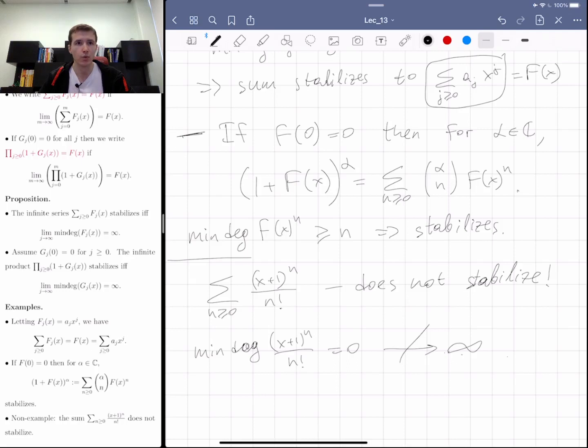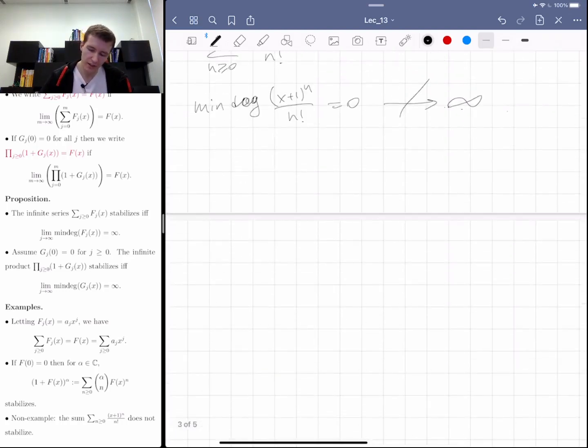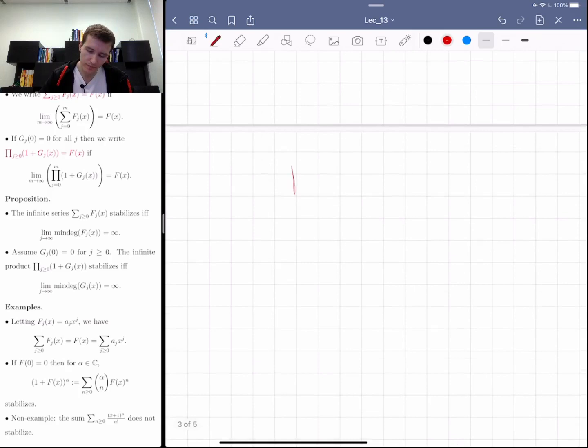And yeah, so now that I'm equipped with the machinery of infinite sums and products, let me try to tackle partitions. Because remember, P of n is the number of partitions of n.